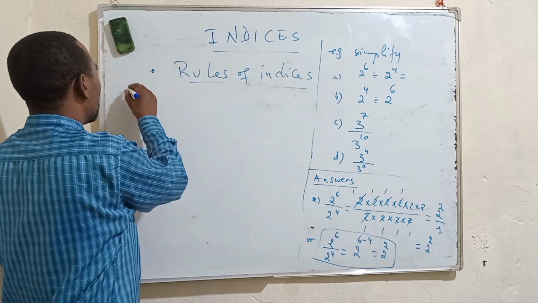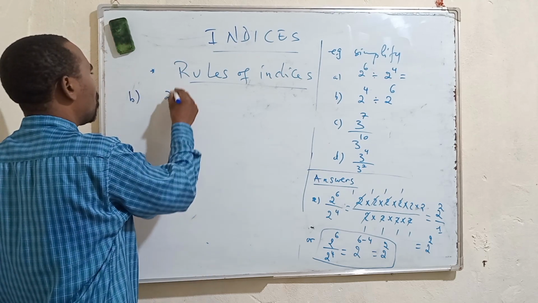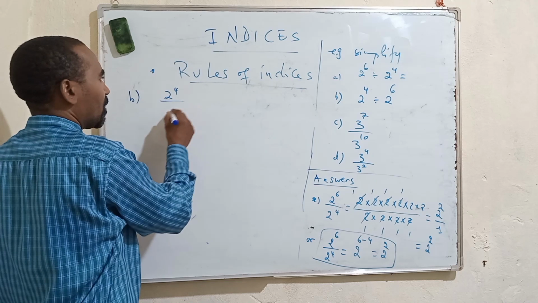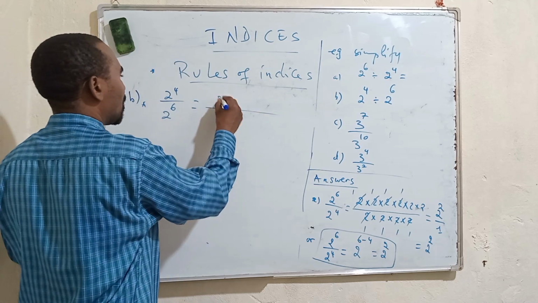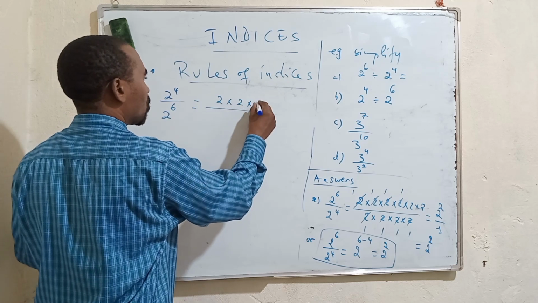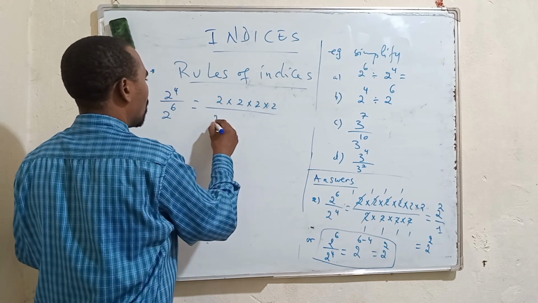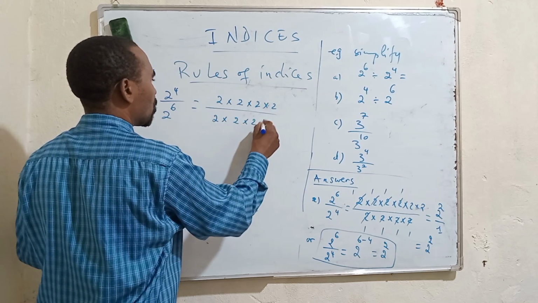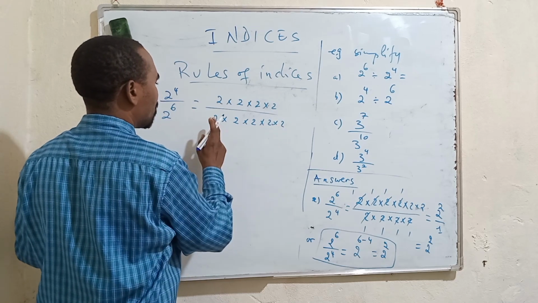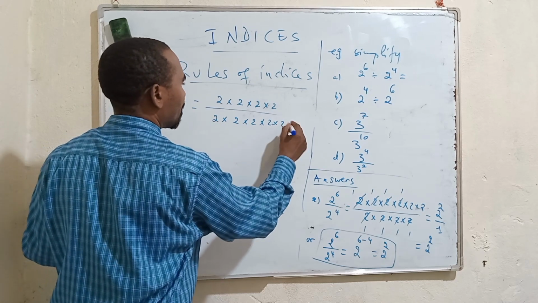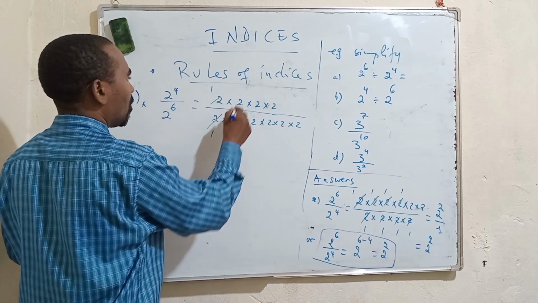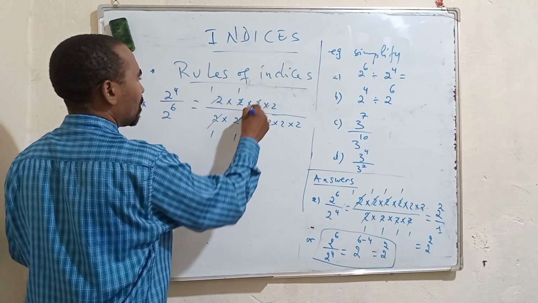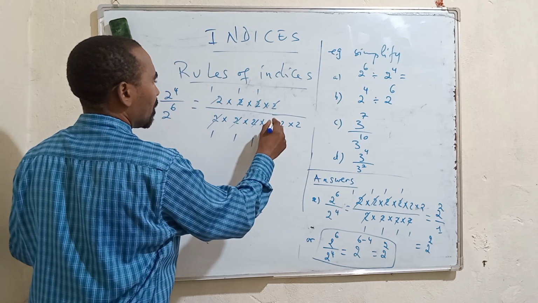Number 2: when you have 2 power 4 divided by 2 power 6, in the first method I write 2 times 2 times 2 times 2 over 2 times 2 times 2 times 2 times 2 times 2, six times: 1, 2, 3, 4, 5, 6. By simplifying, this is 1 over 1, 1 over 1, 1 over 1, 1 over 1.